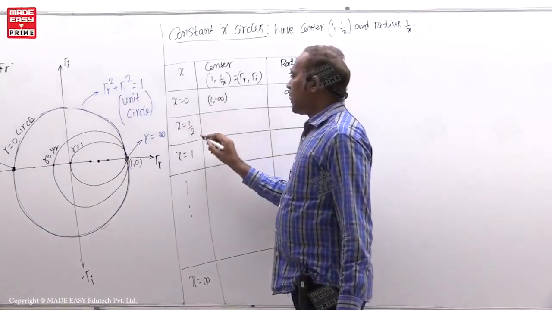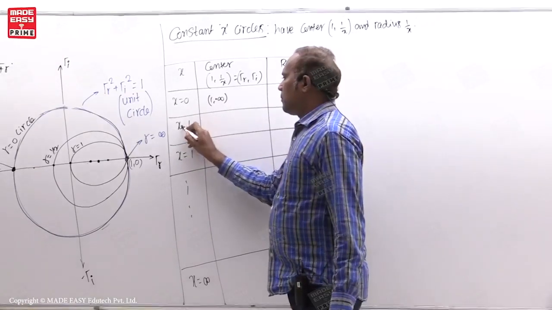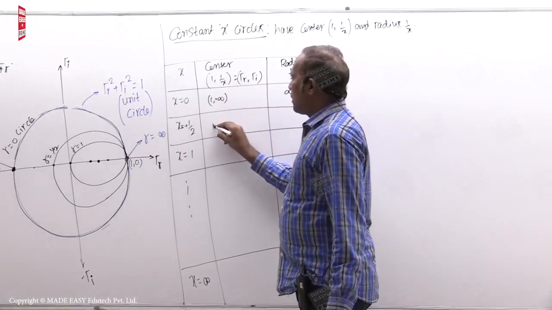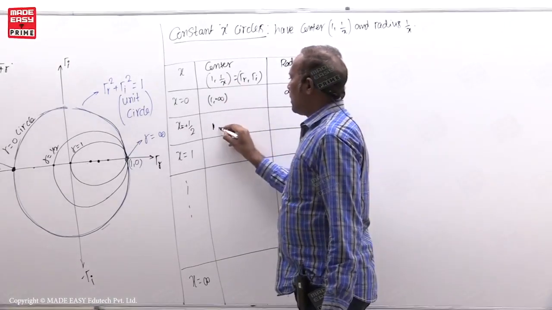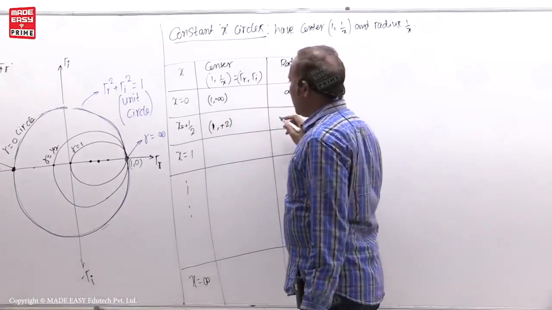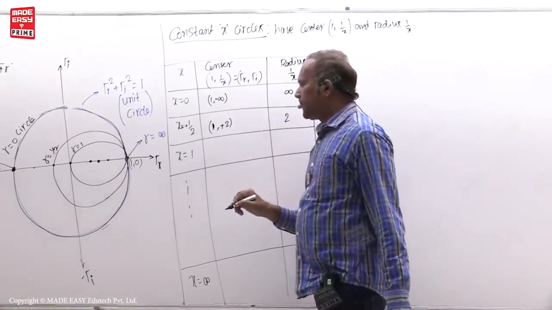X is equal to plus half I have substituted, then 1 comma plus 2 I will get as the center, and the radius, 1 by 2 means 2, I will get.